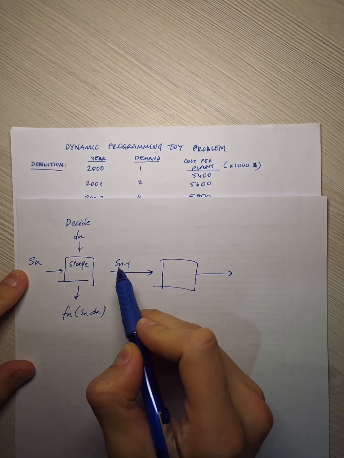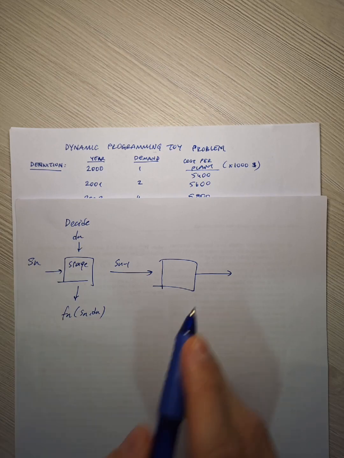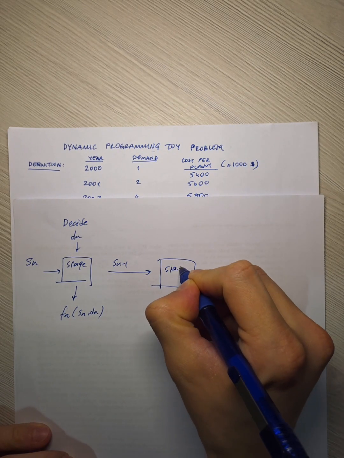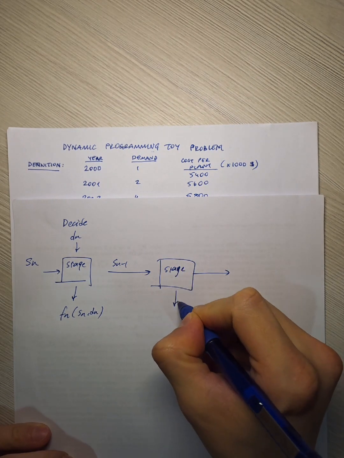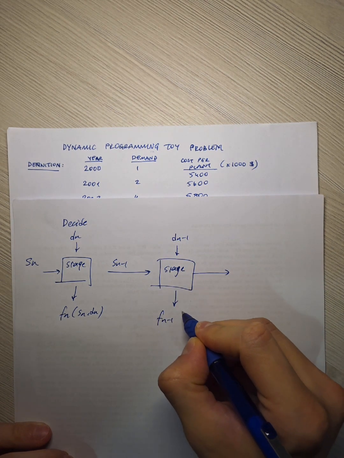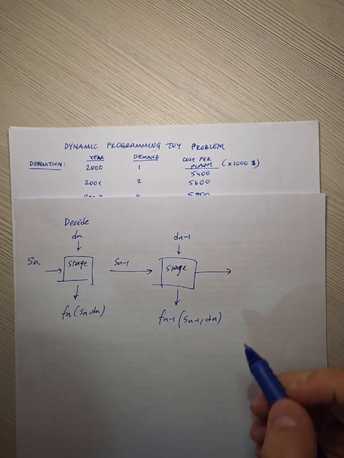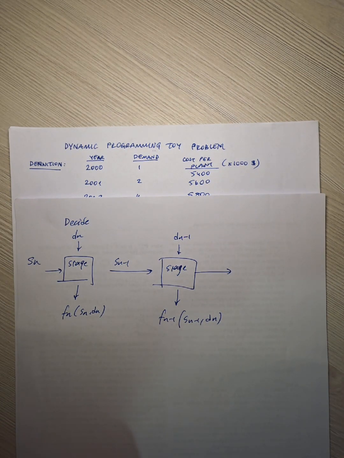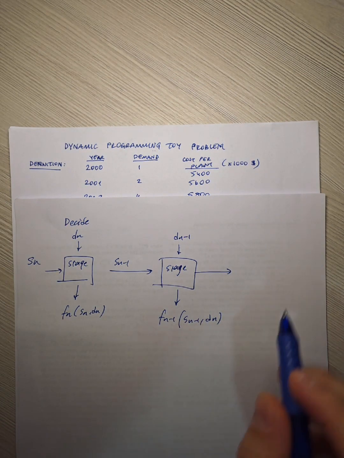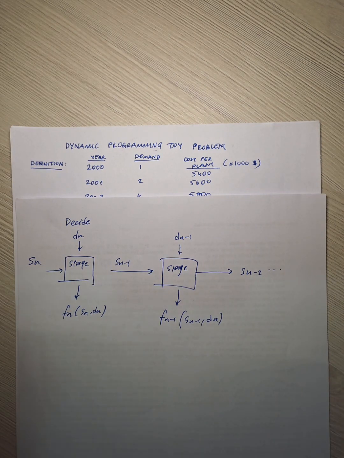So from n, we will go to n minus 1. This is another stage, another decision, n minus 1. And the outcome, the return becomes f subscripted n minus 1. So it continues like this.